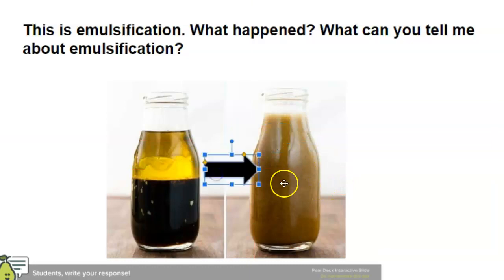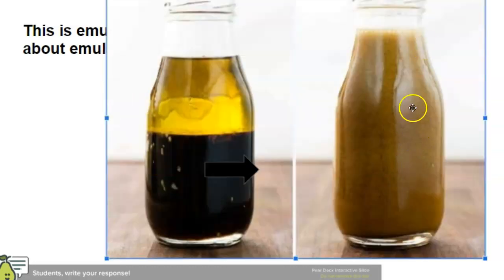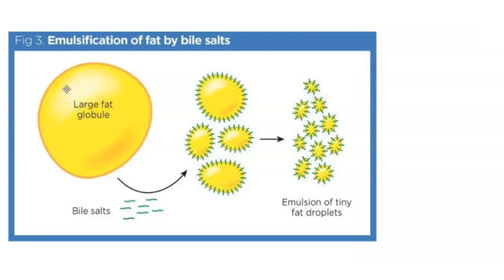Well, when we shake it up, we end up getting all of these little tiny droplets. If I were to zoom in on this picture, what you'd be able to see is that there's little tiny droplets of fats and liquid in here. And that's called emulsification, turning this big bunch of fat into little tiny droplets that are kind of like dissolved, but not really.